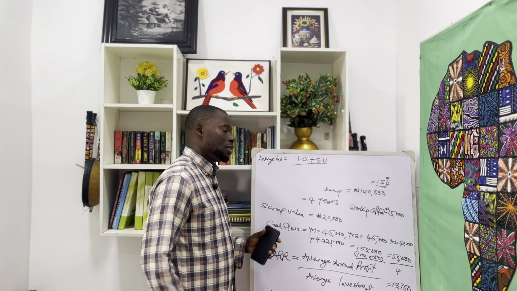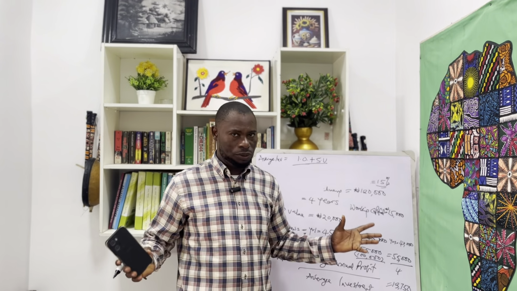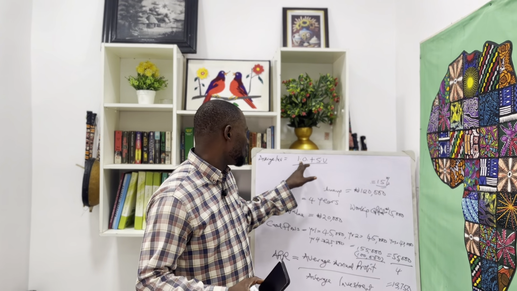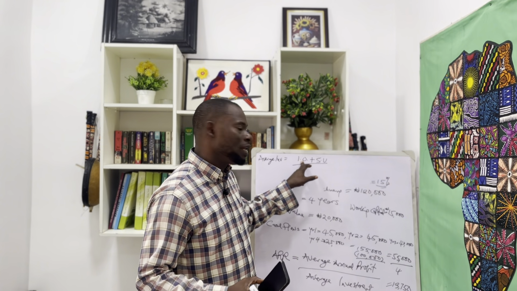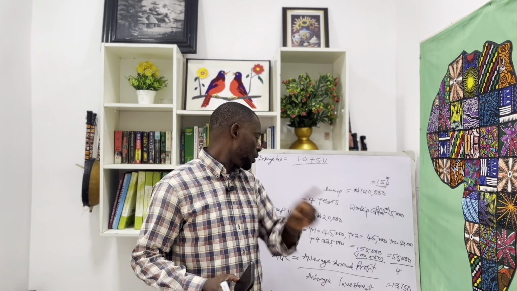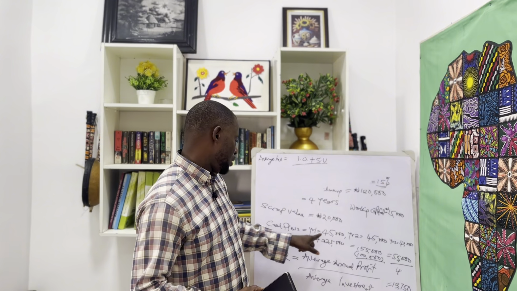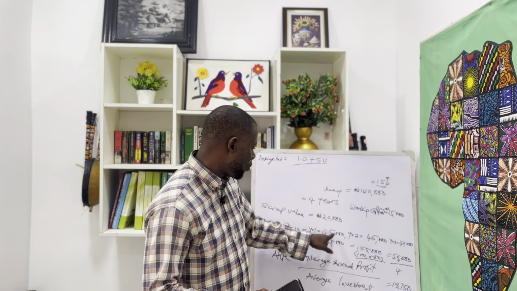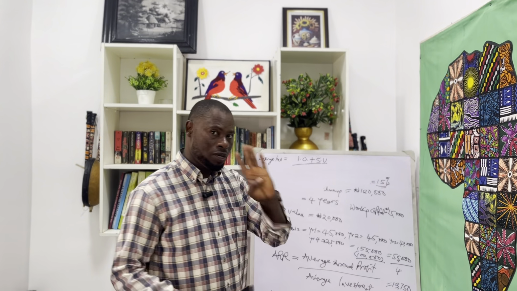divided by what? Do we divide by 4? Of course not, because the items being observed are just 2. You have the initial outlay and you have the scrap value. So in this case, we are not dividing by 4 like in the average annual profit, where we divide by 4 because we are looking at 1, 2, 3, 4 years.